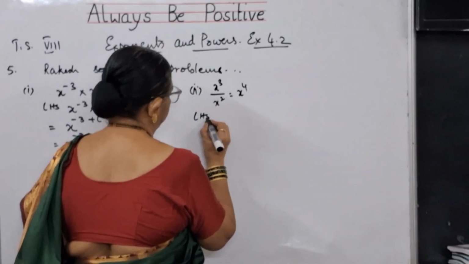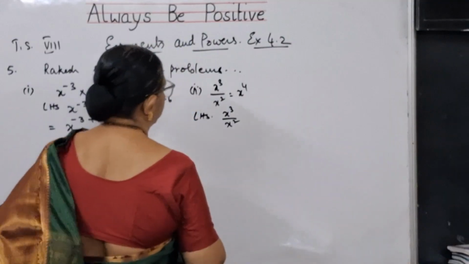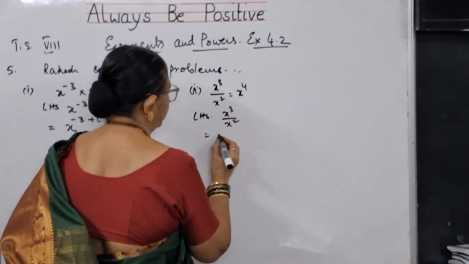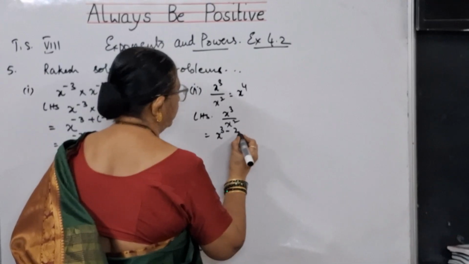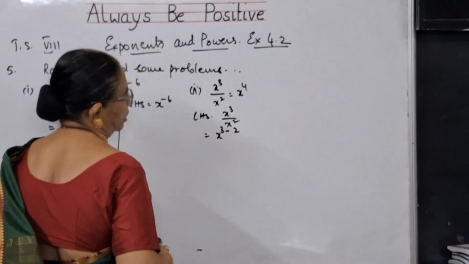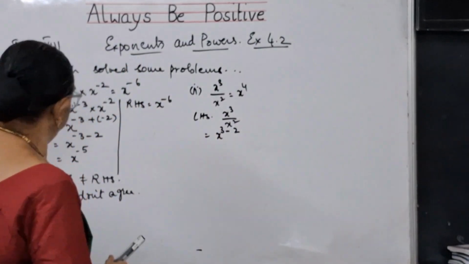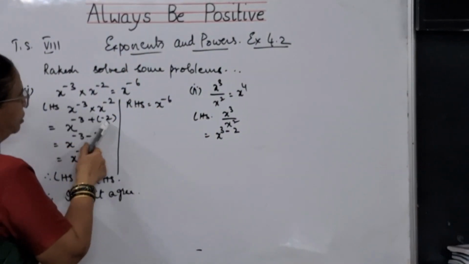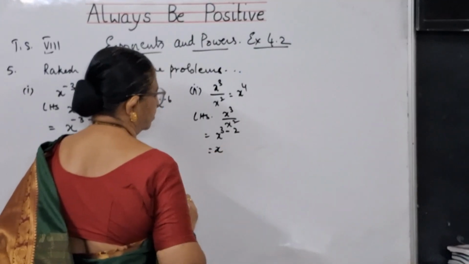So let us take LHS. X cube by x square, bases are same and divided. Power should be subtracted. 3 minus 2, so x to the power of 1.